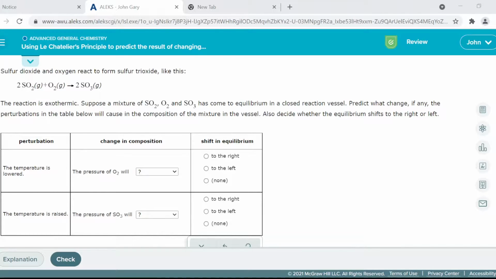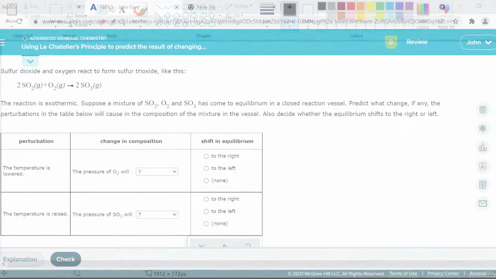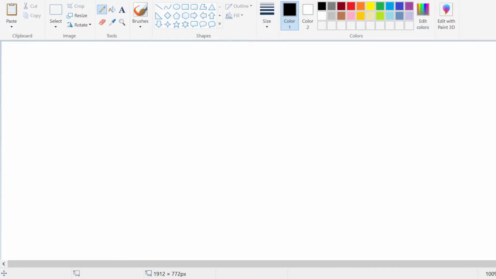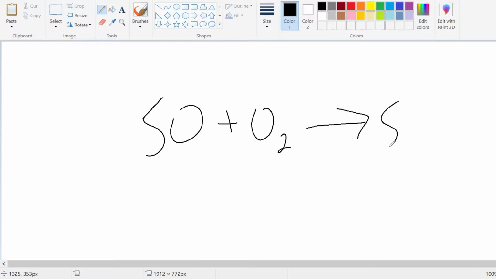Okay, so let me write all this down on my pad. I'm not going to balance them, I'm just going to write SO2 plus O2 yields SO3.